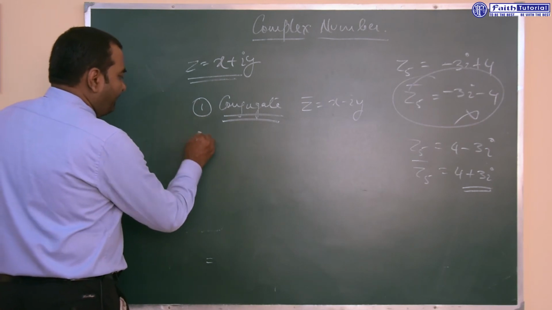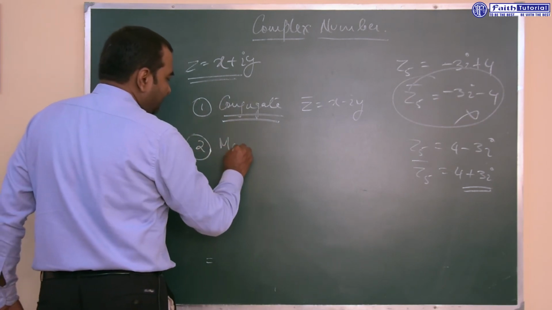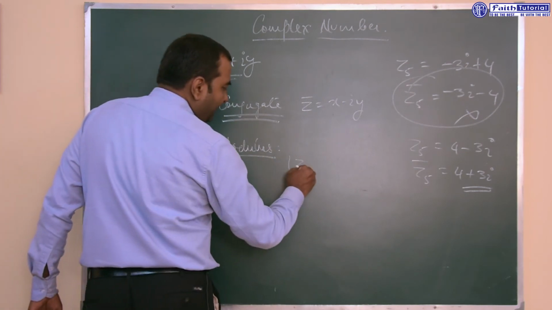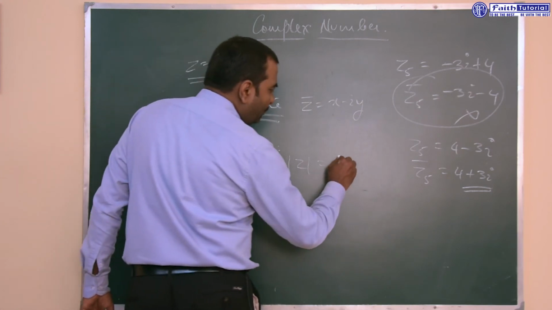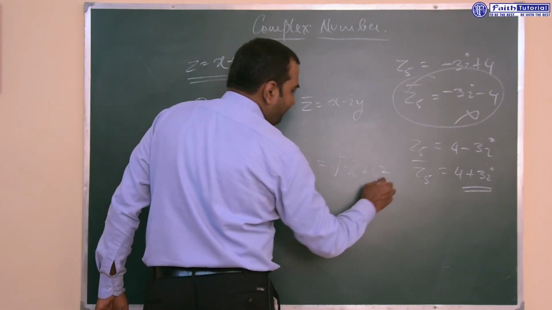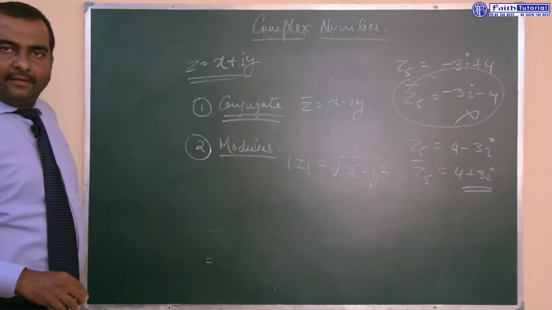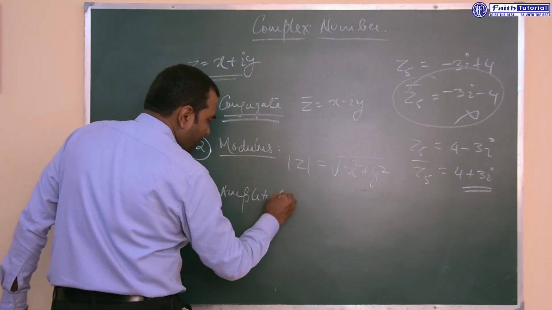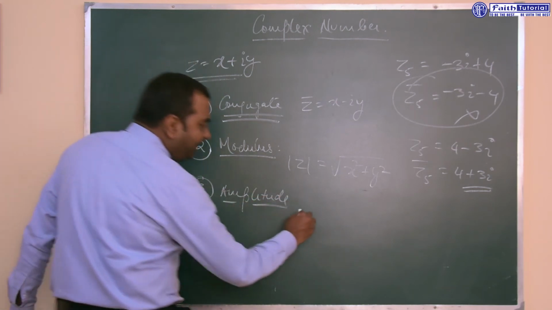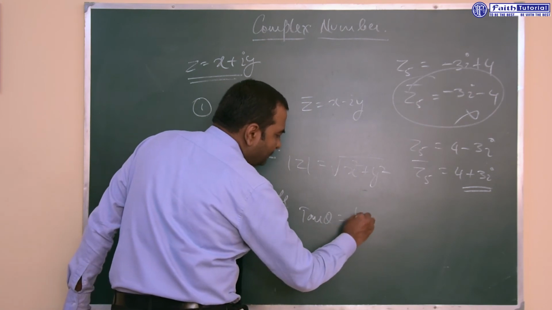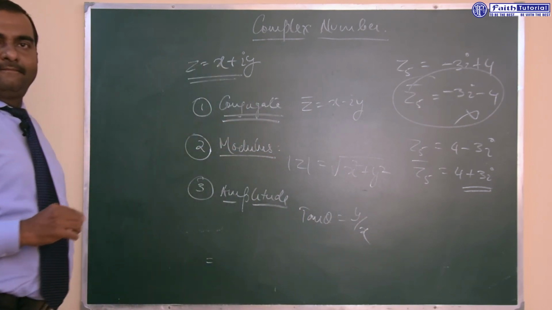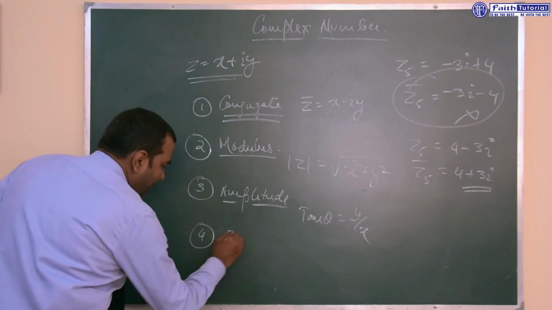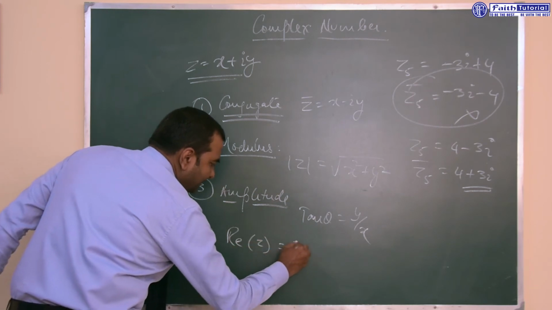The next thing after conjugate is the modulus. What is the modulus of a complex number? The modulus of z, denoted as mod z, is root over x square plus y square. The amplitude: tan theta is given as y by x. The real part, Re of z, is x.